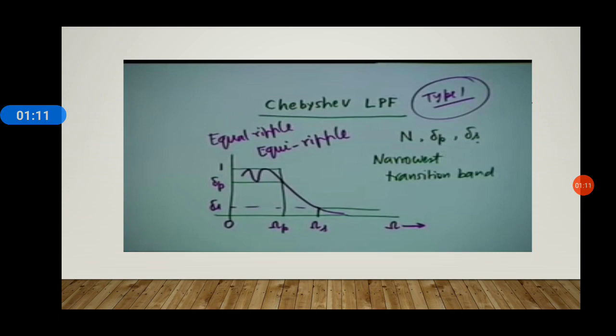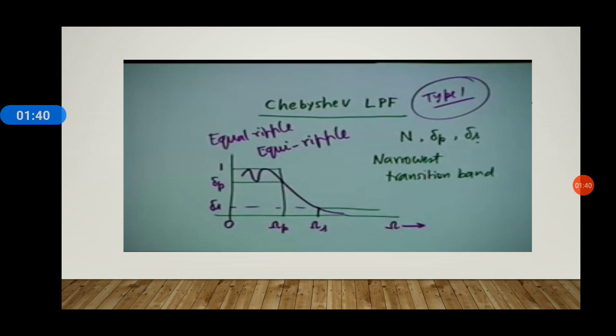Here in this diagram we have ripples in the pass band, whereas it is monotonic in the stop band. It could be otherwise also, that is, having ripples in the stop band and monotonically decreasing in the pass band. So this Chebyshev low pass filter is also called equi-ripple or equal ripple filters.